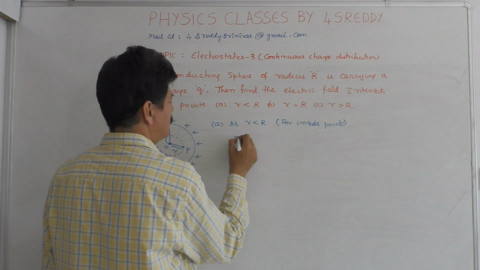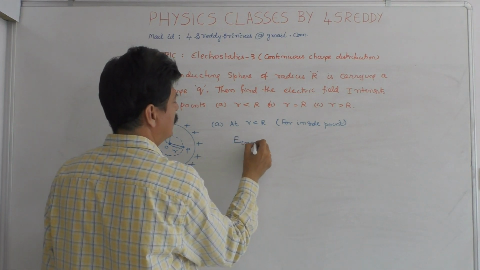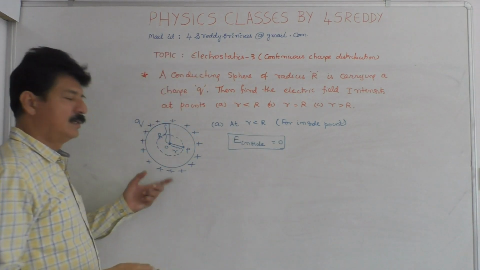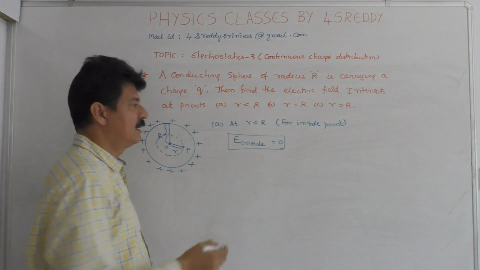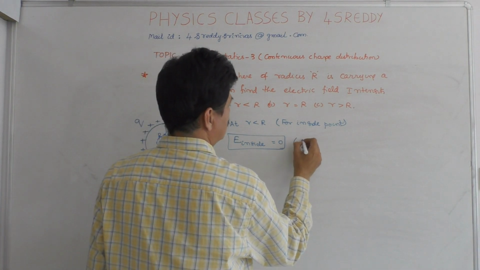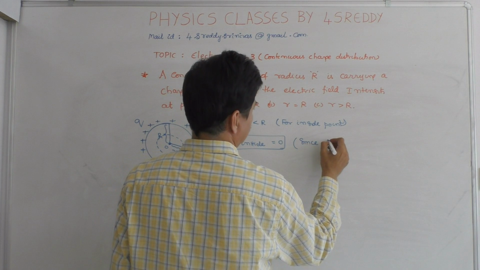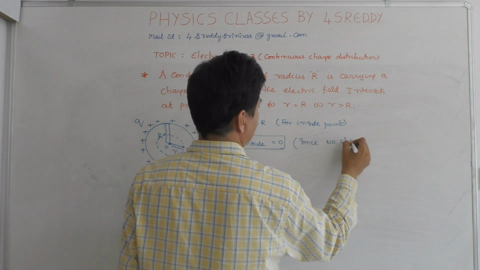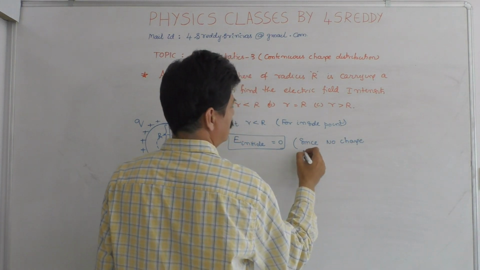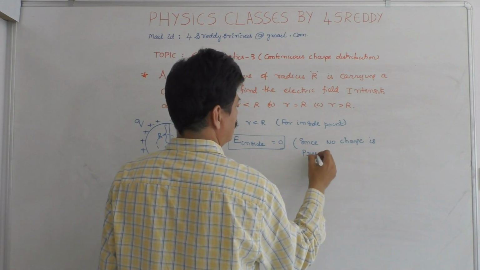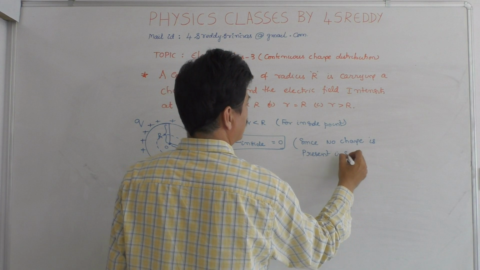E for the inside point becomes 0 since no charge is present inside the conductor.